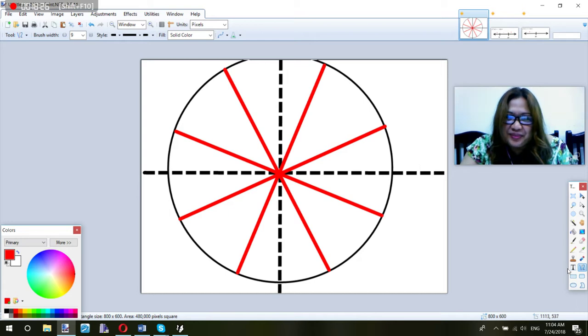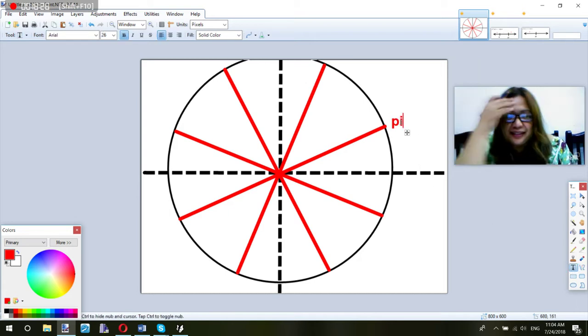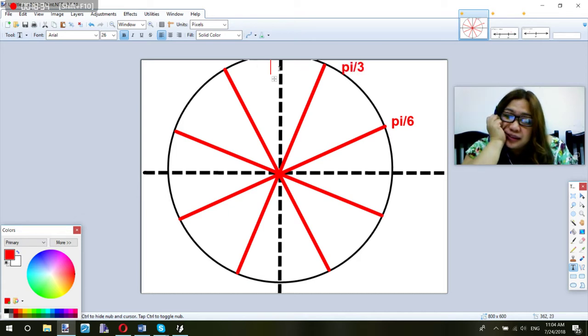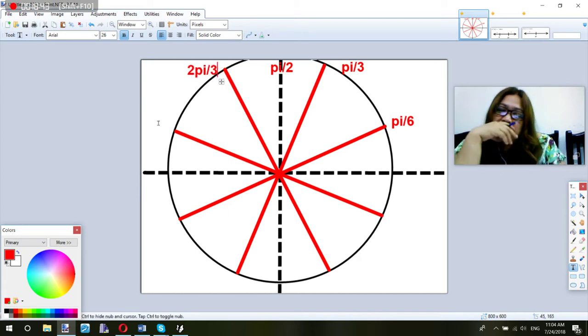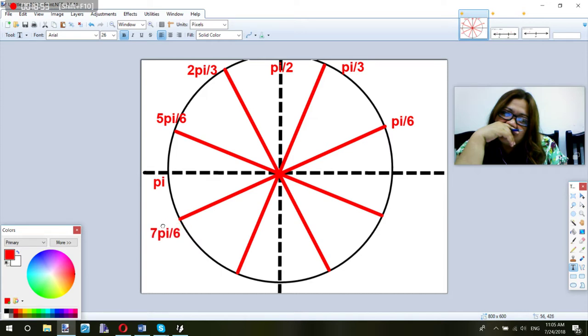Okay, so this is 1 pi over 6, 2 pi over 6, which is pi thirds, 3 pi over 6, which is pi halves, 4 pi over 6, or 2 pi thirds, 5 pi over 6, 6 pi over 6, which is pi, and 7 pi over 6, which is where I wanted to get to.